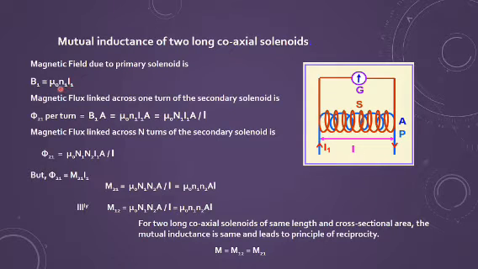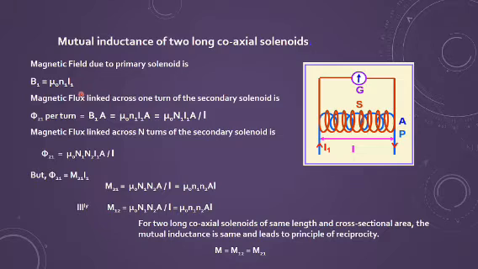Now if I am taking the first primary solenoid as the first solenoid, then to be more appropriate I am writing it as B1 equals mu naught n1 I1. Here n1 is the number of turns per unit length for the primary coil. I1 is the current passing through the primary coil.